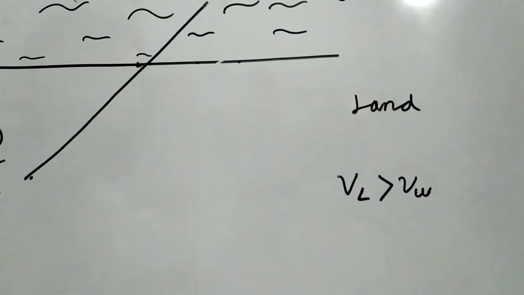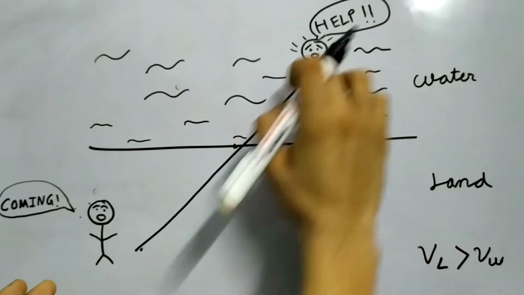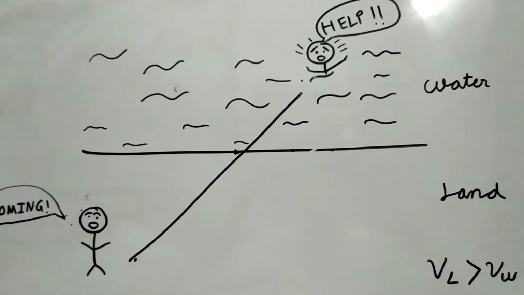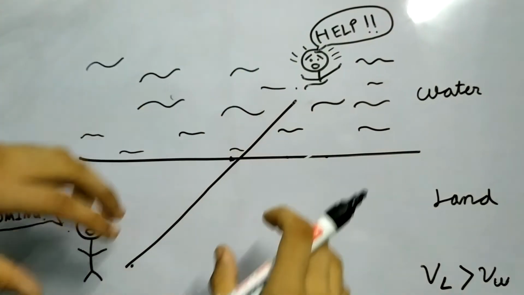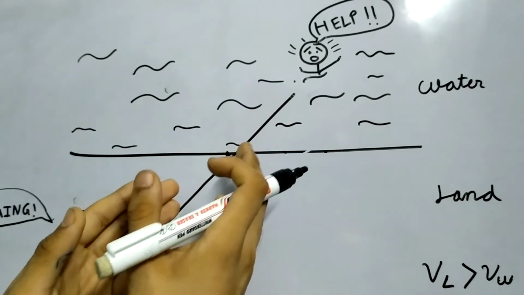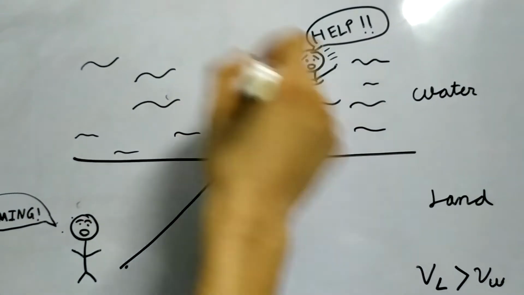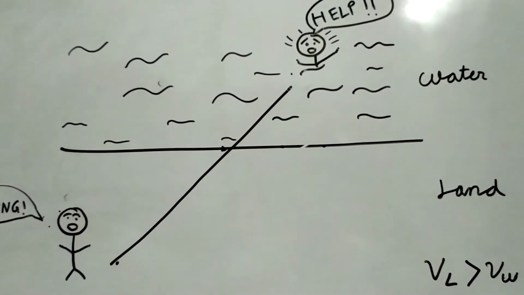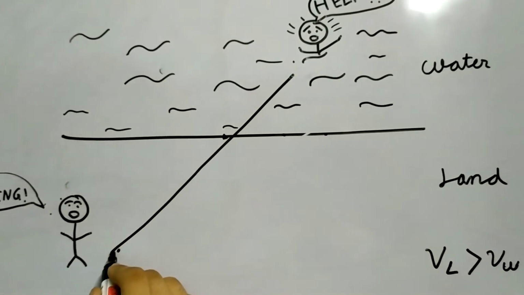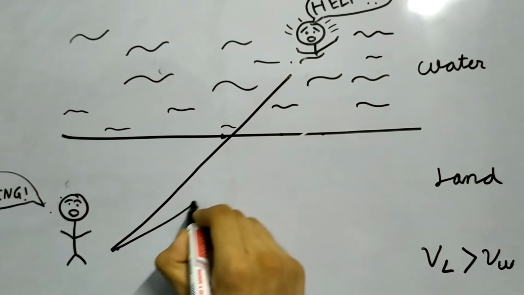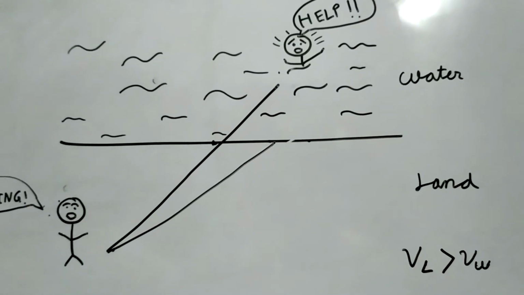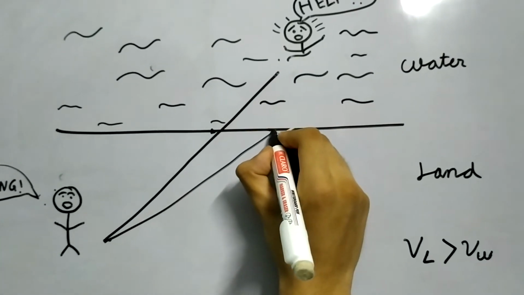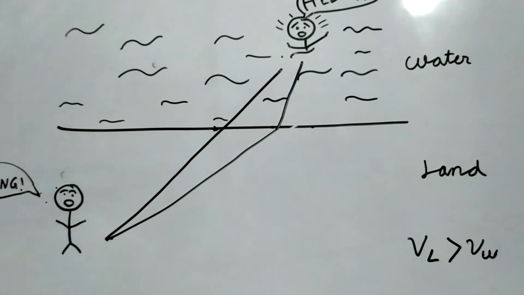Now the straight line is no longer the path of quickest time. Why? Because you are traveling a considerable distance in water, and therefore it will slow you down. Now how can you go about doing this? If you take a path like this, you travel a longer distance on land, and then you bend to save this guy.